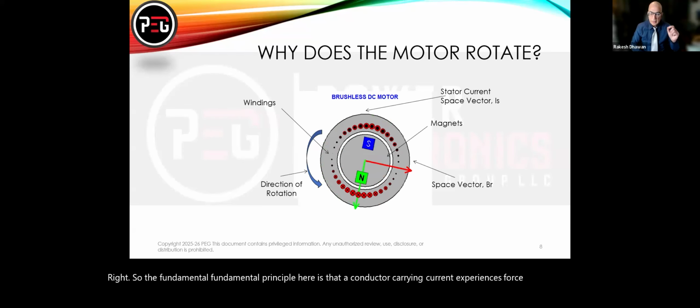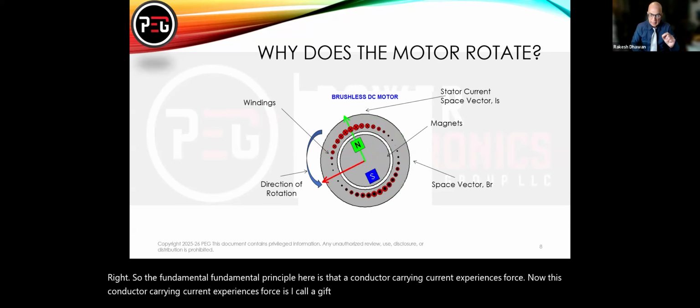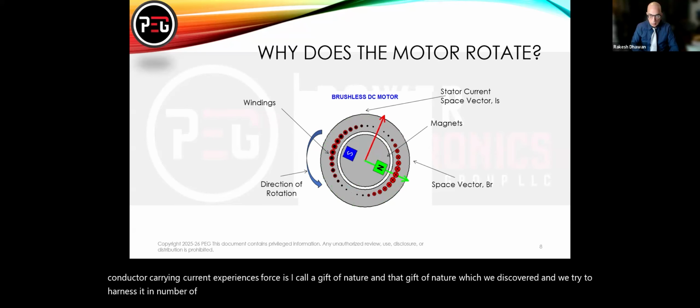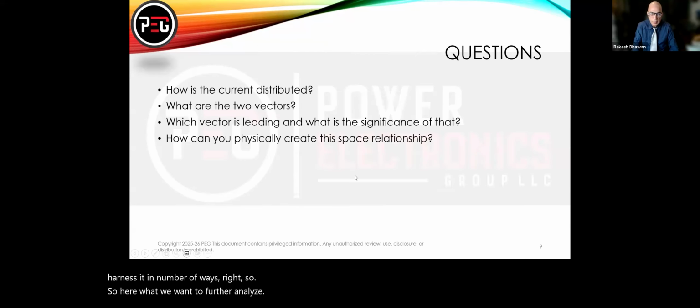Now, this fact that a conductor carrying current experiences force is, I call, a gift of nature. That gift of nature we discovered, and we try to harness it in a number of ways, right? Thank you for that, Deepak.